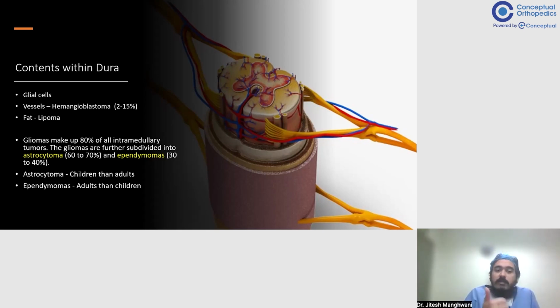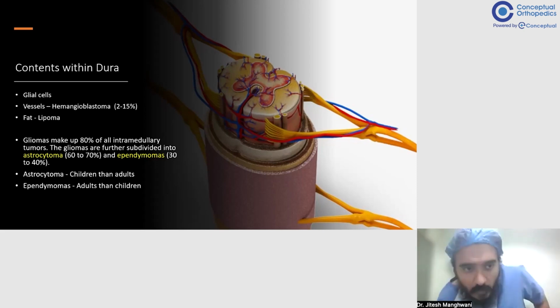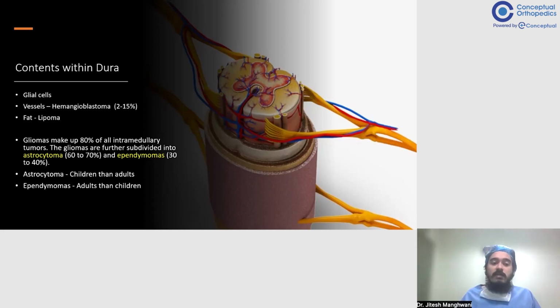One is the glial cells, the other is the blood vessels, and the third is the fat. Whenever there is a tumor that is forming from the glial cells, that will be gliomas. If it is originating from the blood vessels, that is hemangioblastomas. The prevalence out of these would be 2 to 15% of the cases. And if the tumor is originating from the fat, it would be a lipoma.